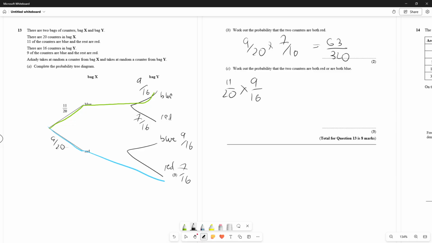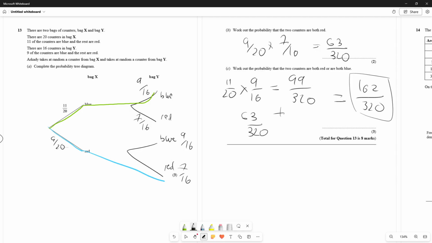That gives us 99 over 320. We know that both red is 63 over 320. Now, when we add these together, we get 162 over 320, which is our answer.